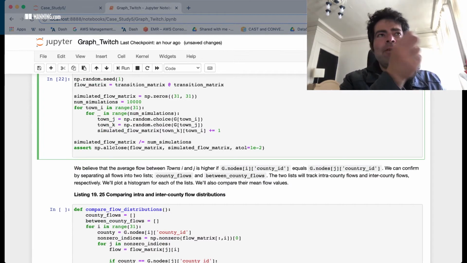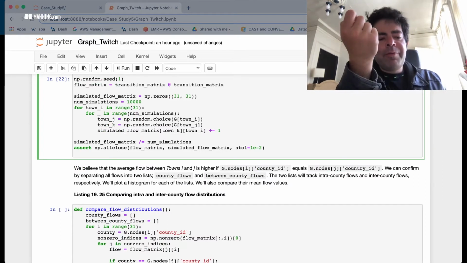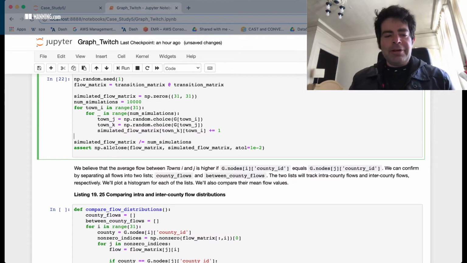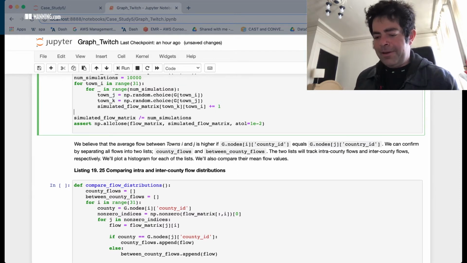So why do we need a concept of flow? Well, I am going to make the reasonable assertion that flow between two towns is larger if they are both in the same county than if they're in different counties. This corresponds to our notion that we're more likely to bounce around and travel between two towns in the same county than between two towns in different counties.